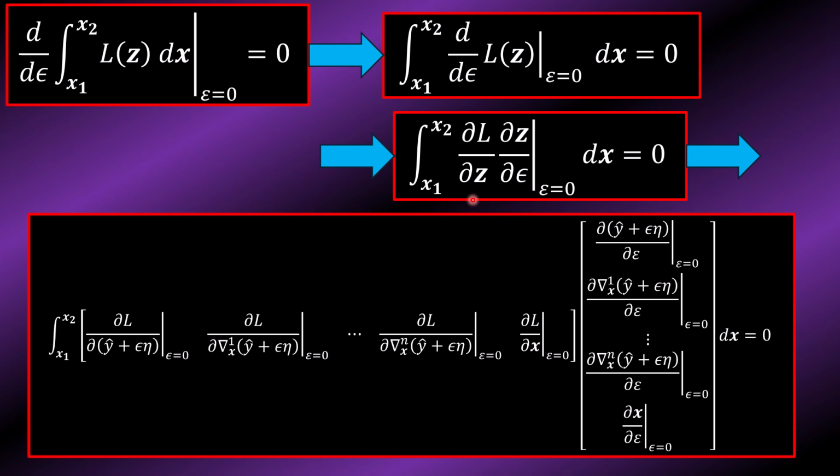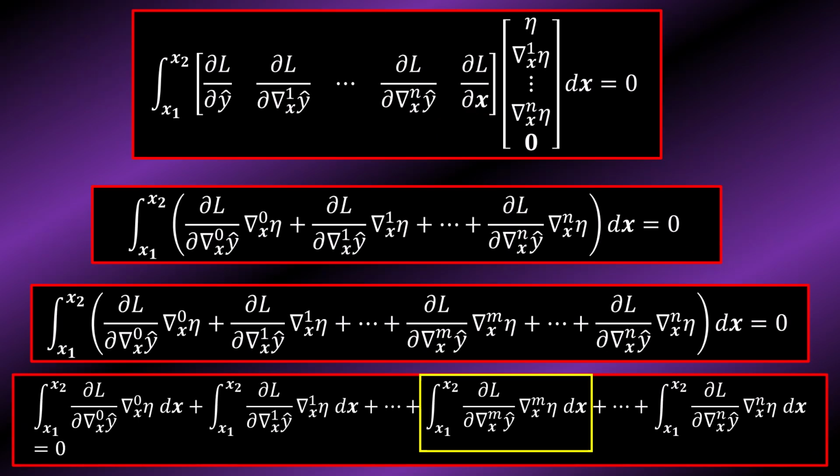If you're not familiar with the Jacobian chain rule, then I encourage you to look up my video on it. So then we get this row vector multiplied by this column vector over here, and they're all evaluated at epsilon equals 0. And that's all going to be equal to 0.